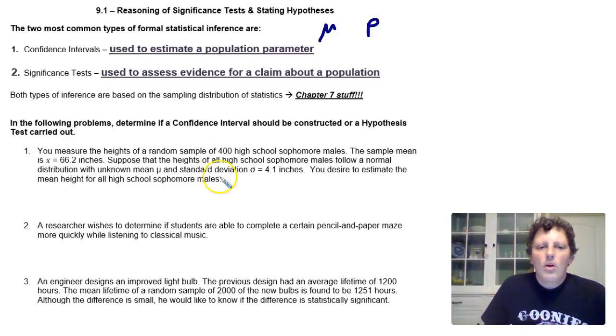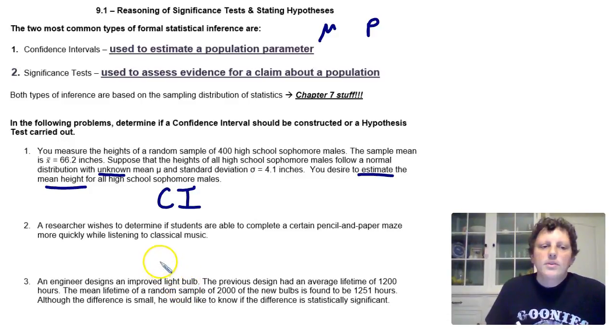Suppose that the heights of all high school sophomore males follow a normal distribution with an unknown mean and standard deviation. You desire to estimate the mean height for all high school sophomores. Well, I think you can see we are trying to estimate the true mean height for all high school sophomore males. That is going to be a confidence interval. That's what we would use here.